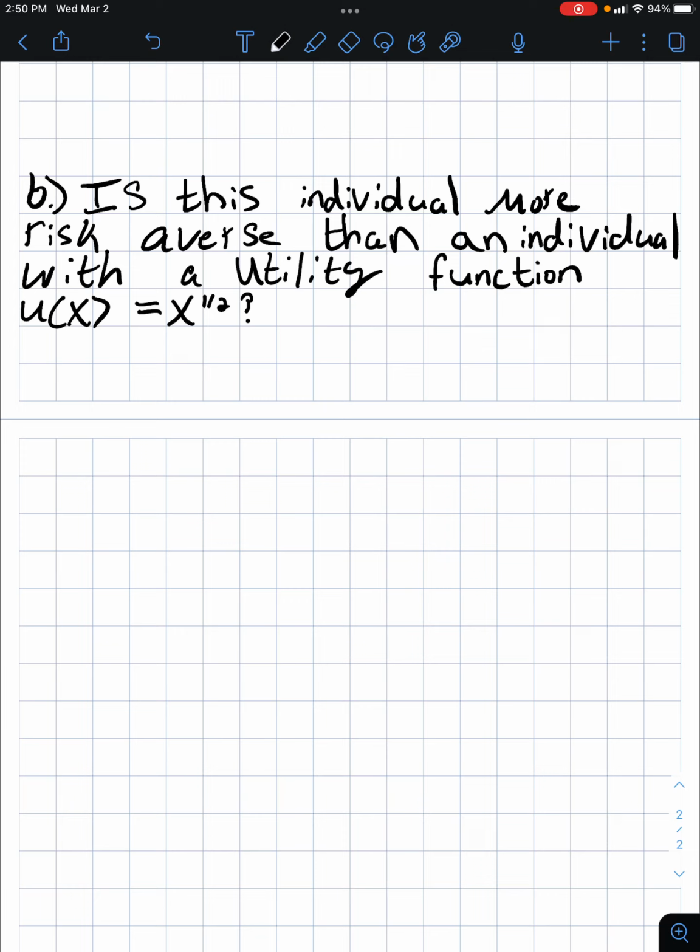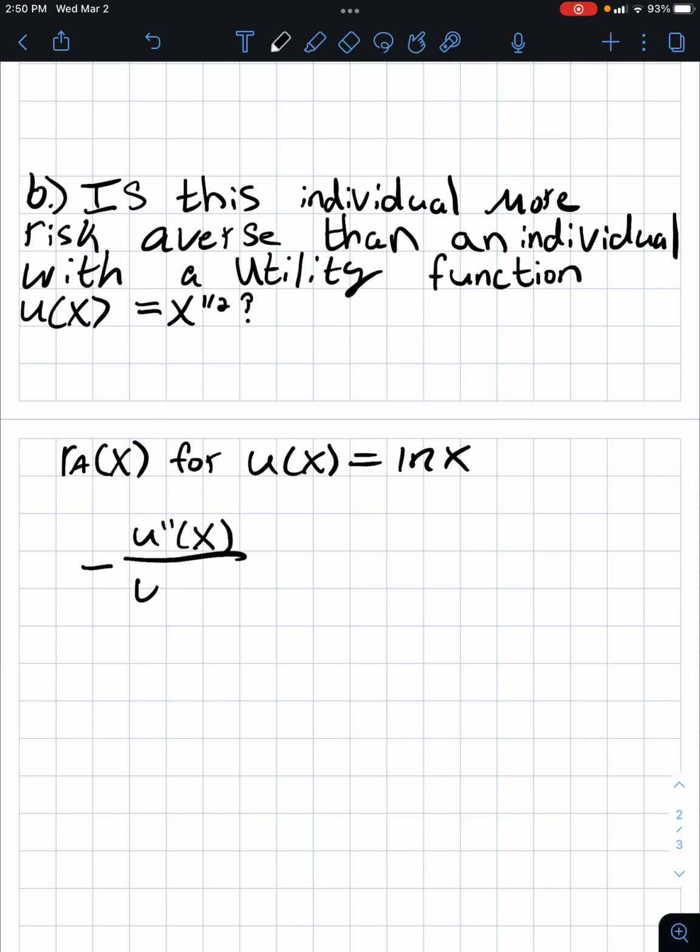Well, so this is the risk aversion R A of x for utility of x is equal to natural log of x. And the relationship to find this is you take negative u double prime of x, and then we divide it by u prime of x. And this is equal to the risk aversion ratio.